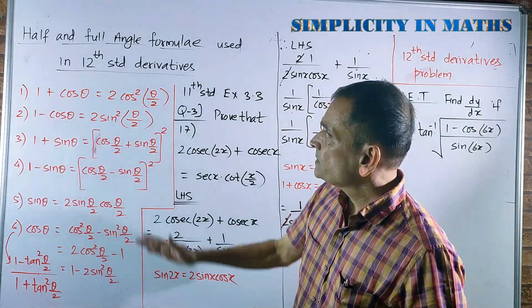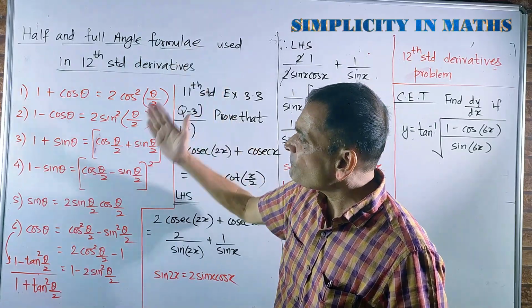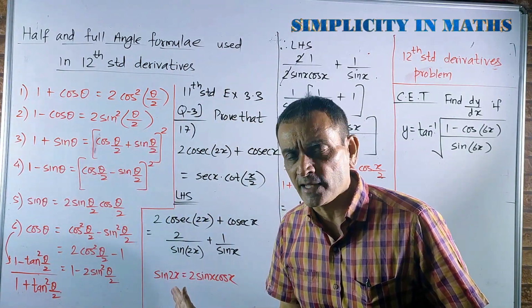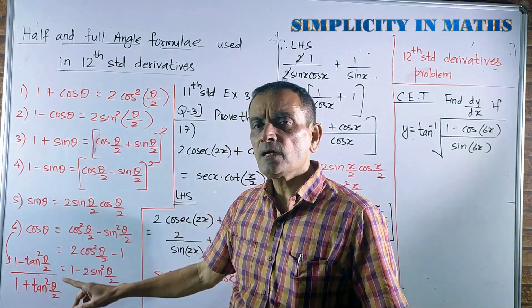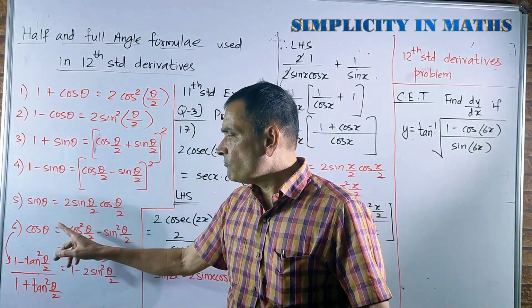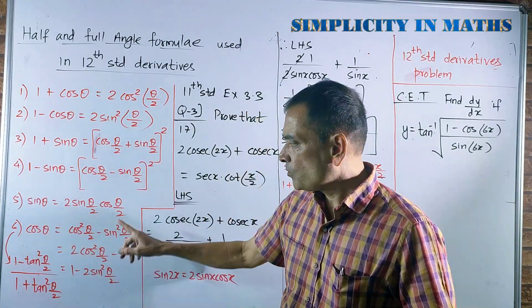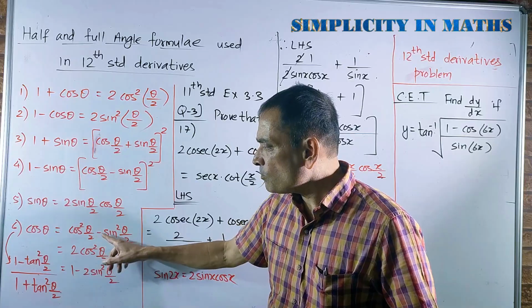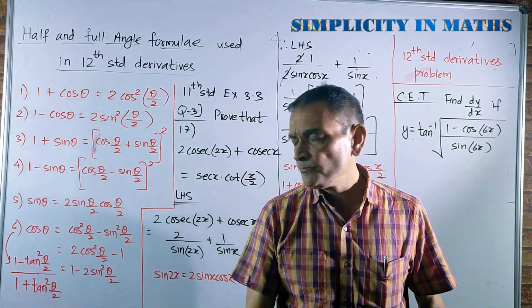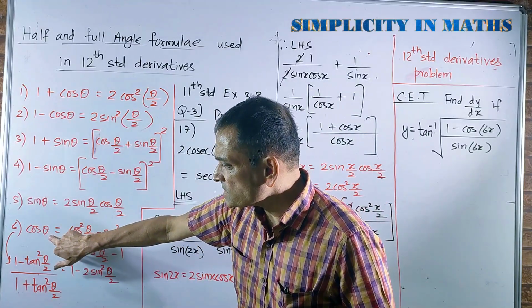Okay, that is why I have written half angle; the full angle, the complete angle, is getting converted into half angle. So if you get sin theta, it is 2 sin theta by 2 cos theta by 2. If you get cos theta, it is cos squared theta by 2 minus sin squared theta by 2. Keep in mind that cos theta has 4 formulae.